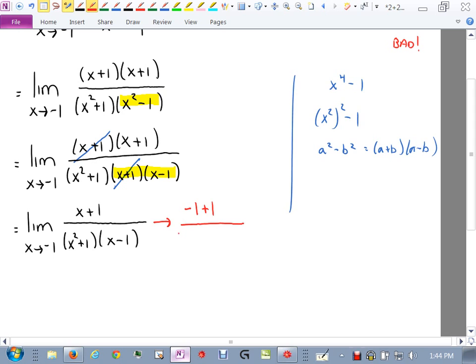Keep going, though. -1 squared plus 1, and then -1 minus 1. What's -1 squared plus 1? 2. And over here, careful with that, -2, isn't it? -1 take away 1, -2. So I'm getting 0 over 2 times -2, which is really 0 over negative 4, which is 0. So my answer is 0.